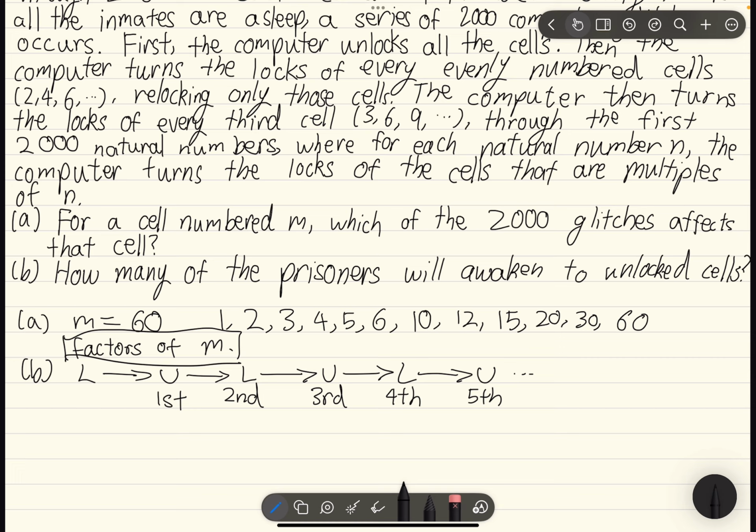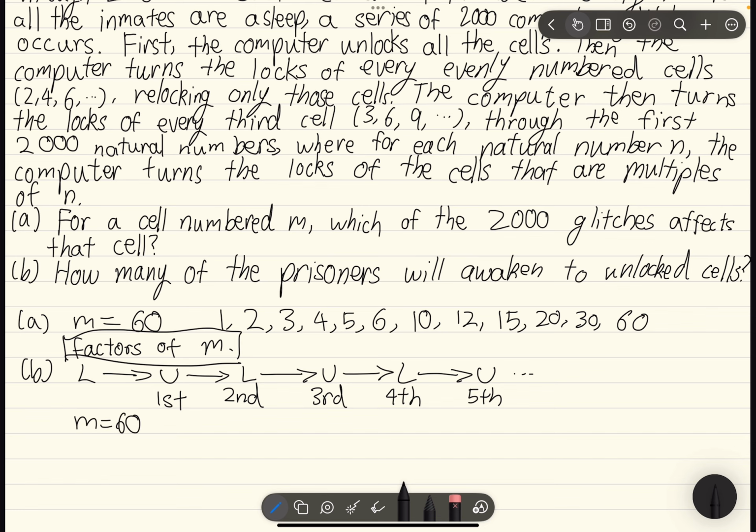And how do we know the number of glitches that a cell M experiences? Well, we already know from part A that for a cell numbered M, the glitches that are factors of M would lock or unlock this cell M. So clearly, the number of glitches is the number of factors of M. Take M equals 60 as an example.